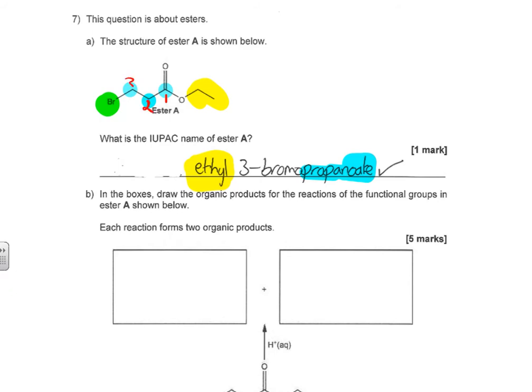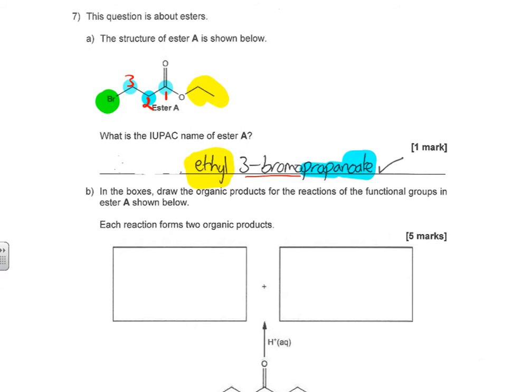So you can see as I number my carbons, and there's nothing wrong with doing this in an exam, if you label the structure, number your carbons, you can see there that the bromine is bonded to carbon number 3. So 3-bromo for the last part of the name there. So in order, we've got ethyl, 3-bromo, propanoate for our ester A in this case.